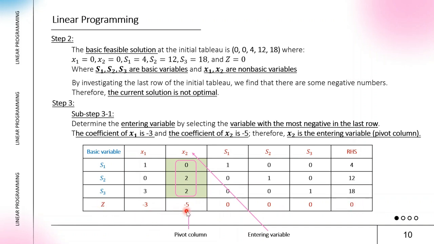Here, as we can see, x2 has a coefficient of -5, more negative than -3 for x1. So x2 becomes the entering variable, and this defines the pivot column. Therefore, x2 is the pivot column.